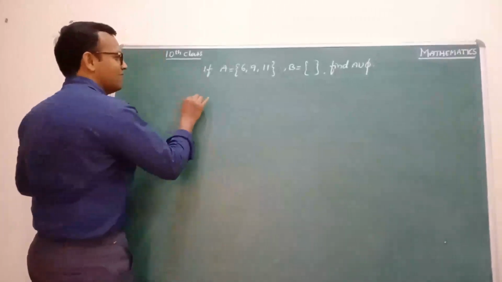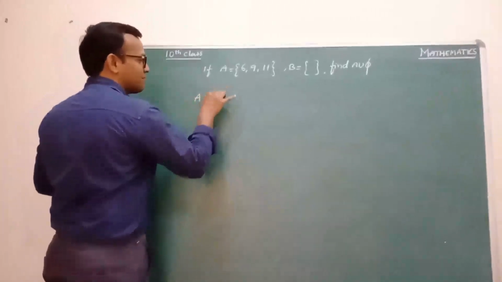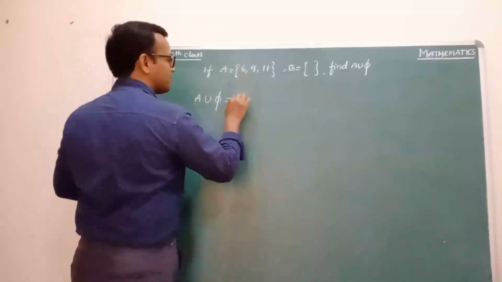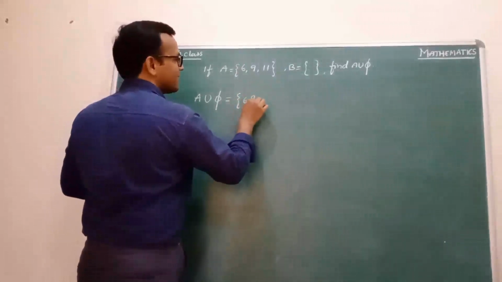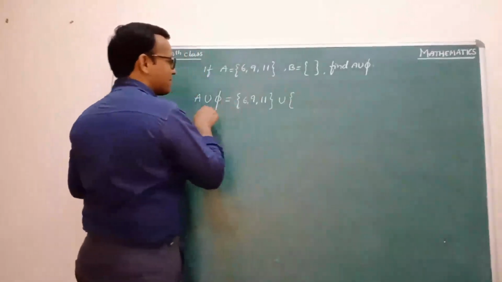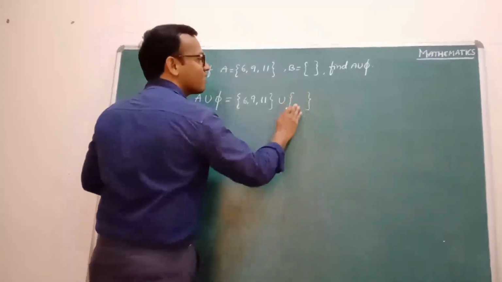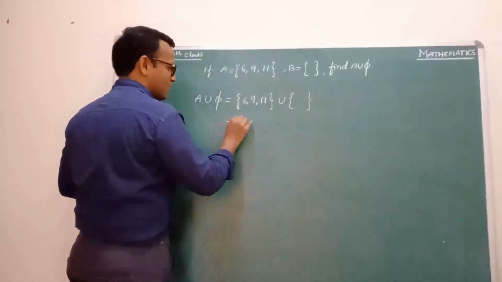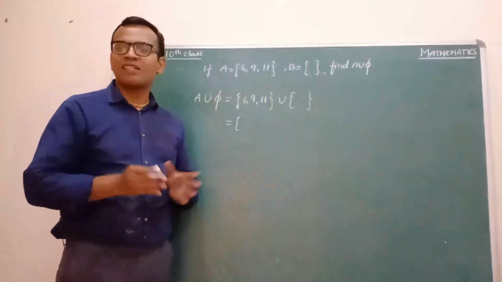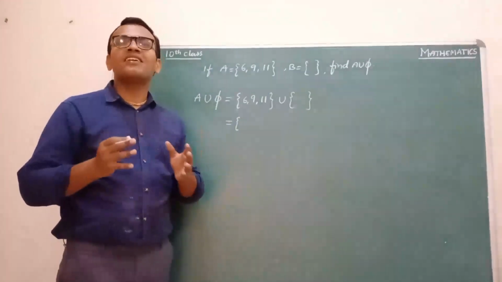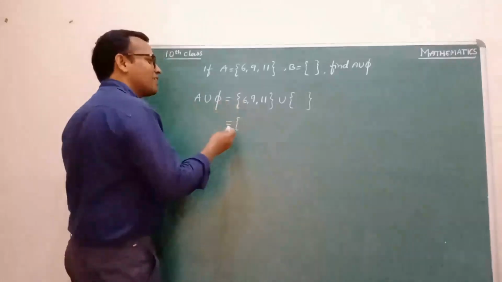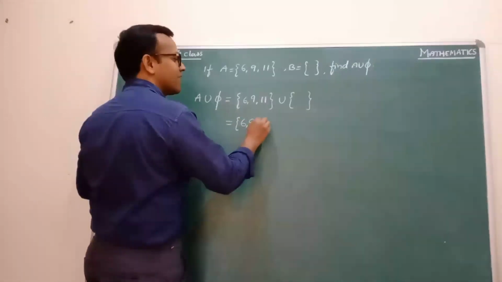Now let's find it. A union null set is equal to, first let me write the set A, 6, 9, 11 union the null set or empty set. Now let me write the union of these two sets. Union is nothing but all the elements present in both the sets. So let me write all the elements present in both: 6, 9, 11.